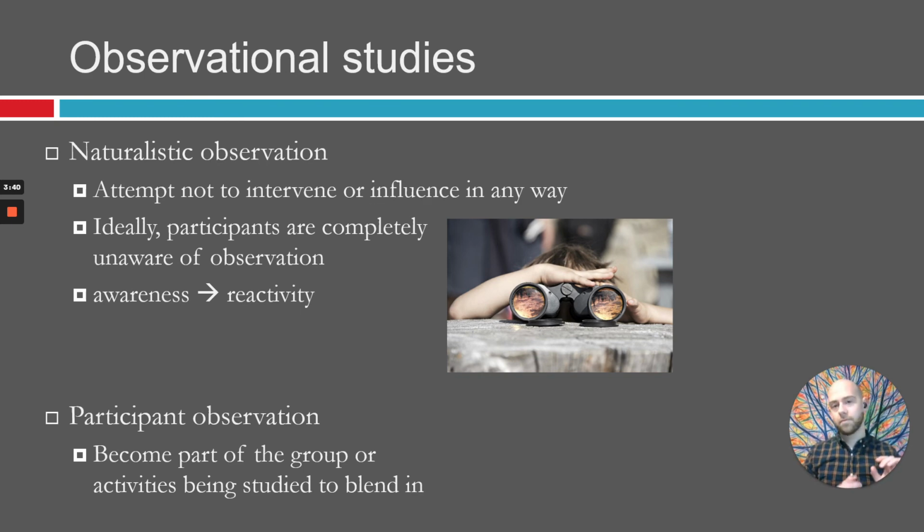A different tactic that's kind of building upon naturalistic observation in a way is something called participant observation, where you actually might become part of the group that you want to observe. So there are certain groups like cults or political organizations, political movements that perhaps are not easily observed.